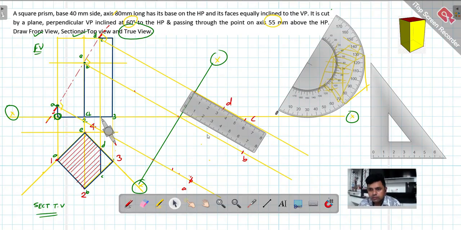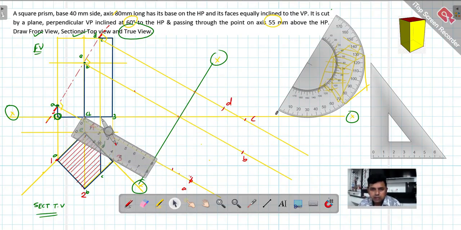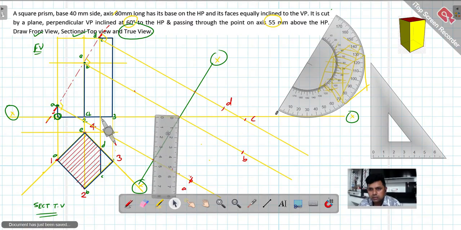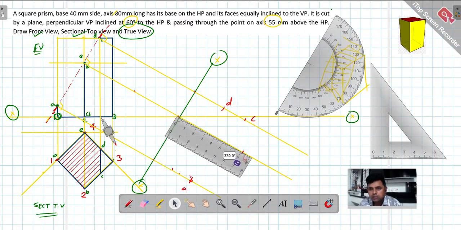Now again I will take the scale here. I'll keep it here. I want the point E. Okay, where is E? See, here it is E, roughly 1.5 mm. I'm taking the scale again here and I will mark 1.5.